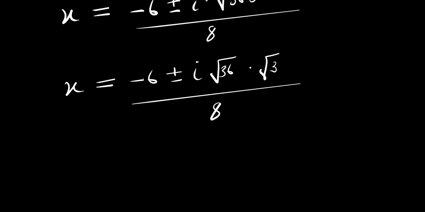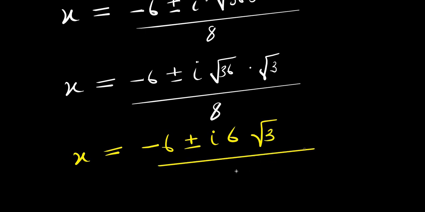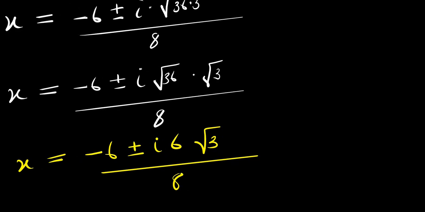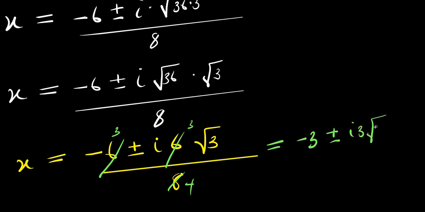So from here, I will simply have x is negative 6 plus or minus i times square root of 36, that is 6, times root 3, divided by 8. So what happens here is that 2 divides this 6 and 8. So this is just like writing negative 3 plus or minus i times 3 root 3 divided by 4.